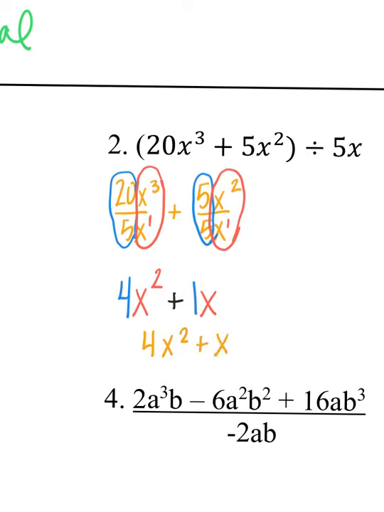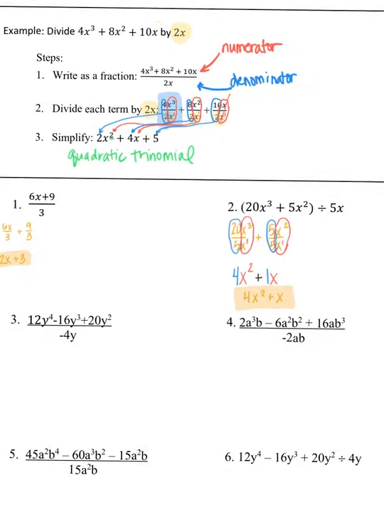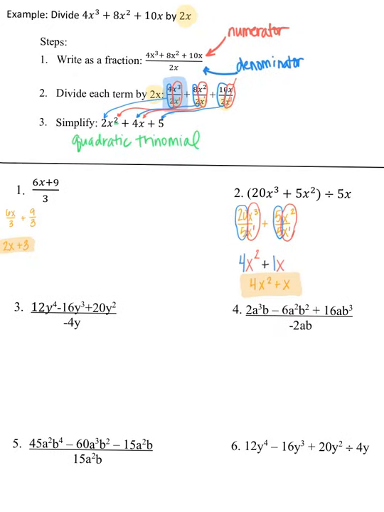And I don't need to rewrite this because it is in standard form. And remember, standard form, the largest exponent comes first, all the way down to the smallest or to the constant.